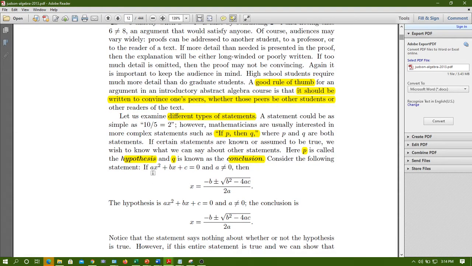The hypothesis is the general quadratic equation and the condition that a should not be 0. The conclusion is the quadratic formula.